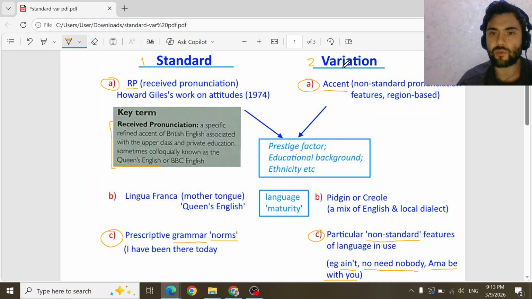So nevertheless, when we speak about the phonetics and phonology in terms of a variation, we should face some accent, which is a non-standard pronunciation feature which is region-based. Interesting enough that we can have accents on the territories of the United Kingdom, such as the Scottish accent, or outside of it, among the former British colonies, such as the Australian accent or some other ones.